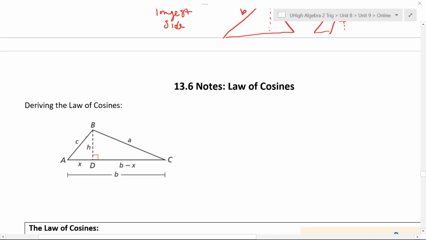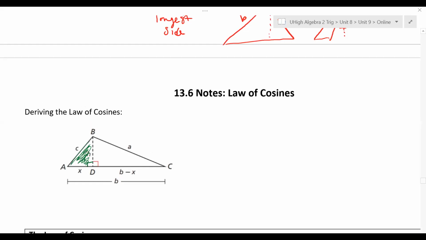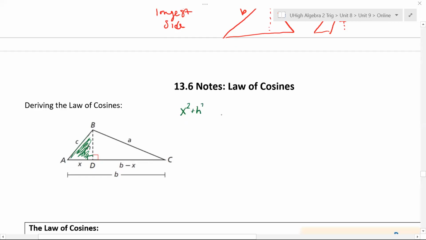First, I want to look at what we know about the relationships of the sides of this triangle on the left. Since this is a right triangle, we know the side lengths are going to follow the Pythagorean theorem.